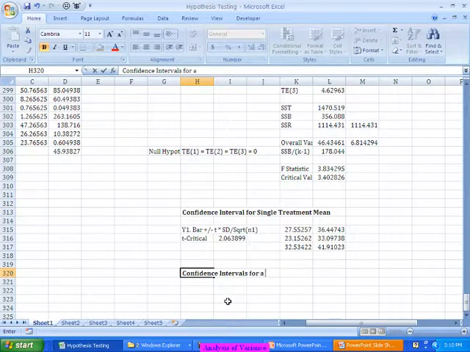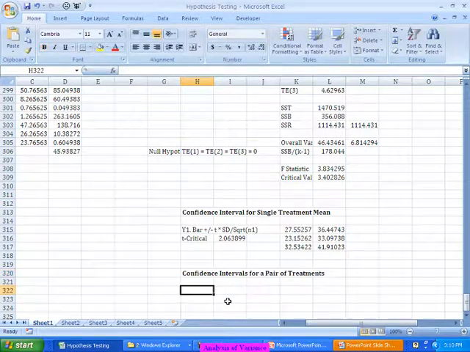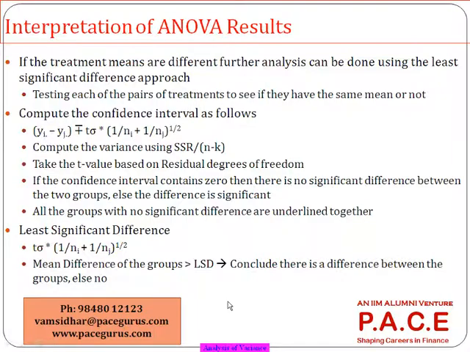So between 1 and 2, between 2 and 3, what is the difference? I have to find out the confidence interval between the pair of treatments.